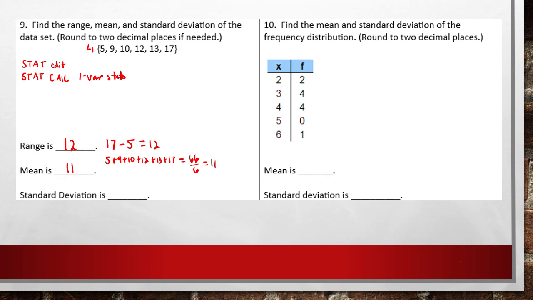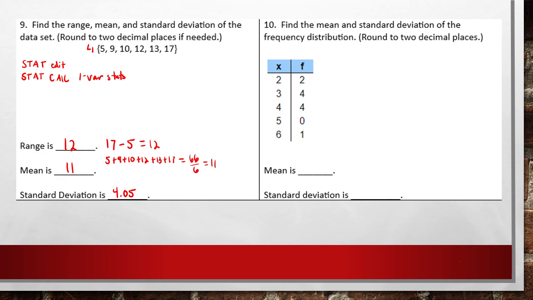Remember, since this is the whole population here, you're going to look for the one that has that sigma symbol. This one comes up to 4.05. So no, you do not have to do the long, complicated math version of finding the standard deviation. You can just use the one variable stats like we learned in class. It also gives you your mean, so you can check the answer that you got for your mean and see that it's 11.